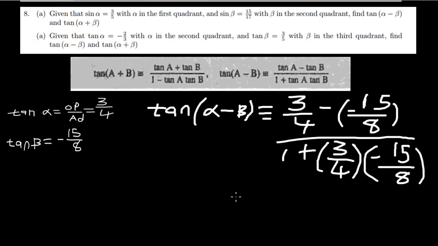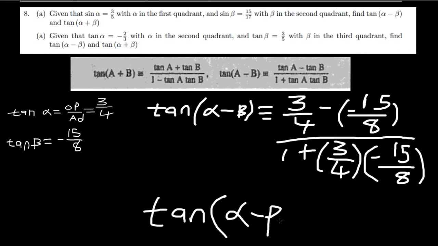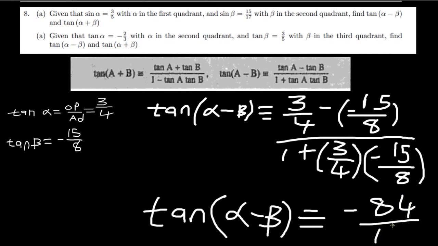So when you solve this, you discover that your tan of alpha minus beta will be nothing but equal to negative 84 over 13.